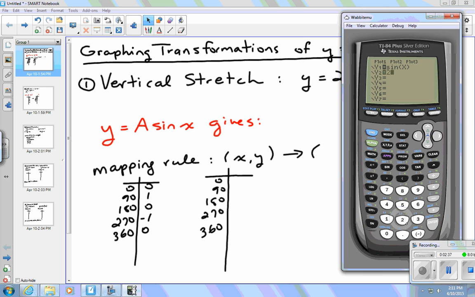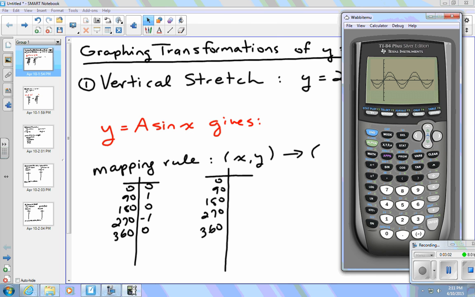So we'll go 2 times sine of x. And let's hit graph and see what we see. So the new graph has been stretched. The highest point is at positive 2, the lowest point's at negative 2.